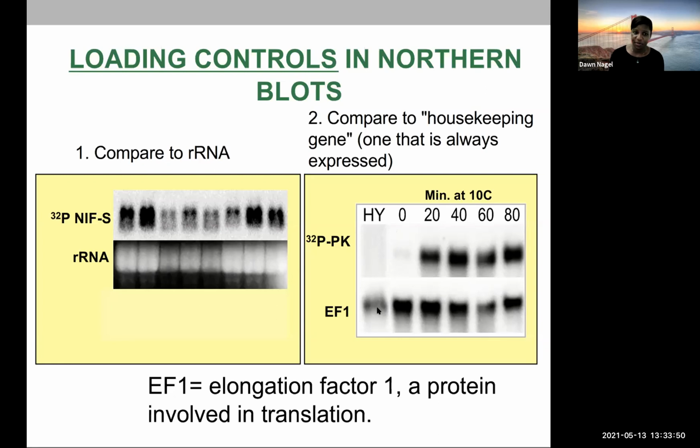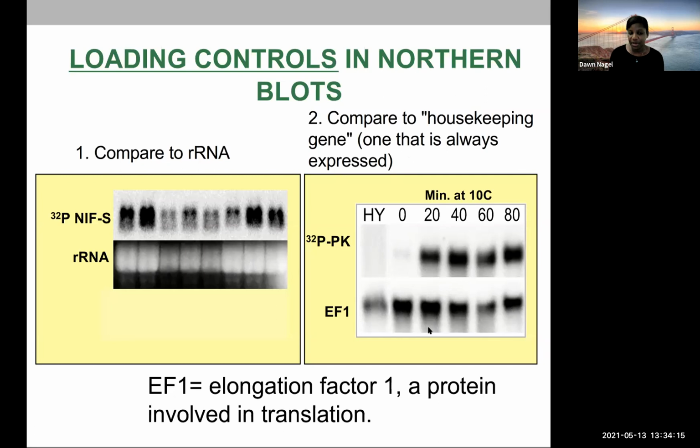You can also use another gene called a housekeeping gene. The housekeeping genes, you remember we mentioned these are constitutively expressed, so they're always on. Depending on the gene, it's not in every cell, but it's always on. Some people like to use that housekeeping gene as a loading control to see whether or not you loaded equal amounts of your sample in each well.